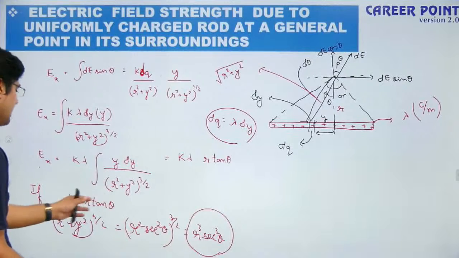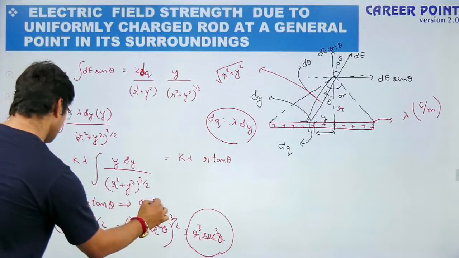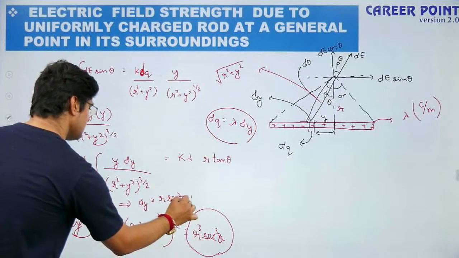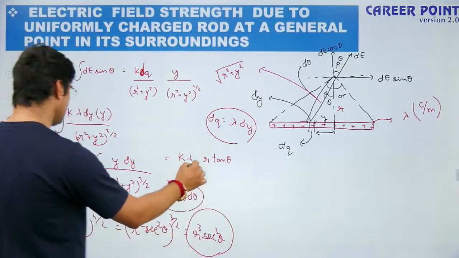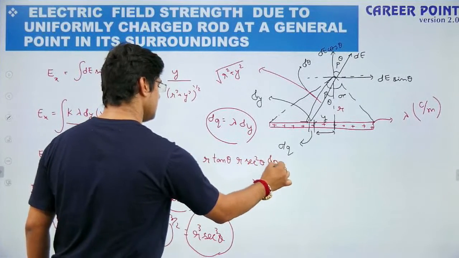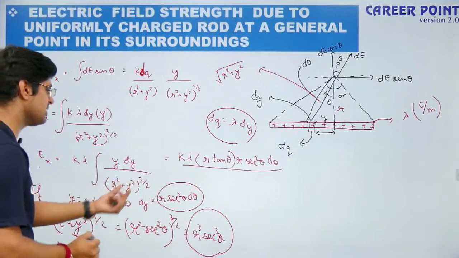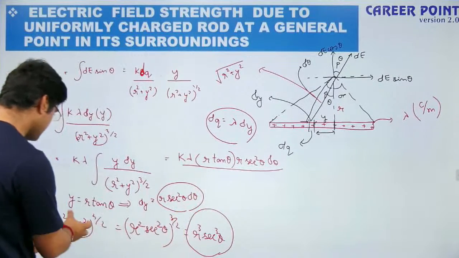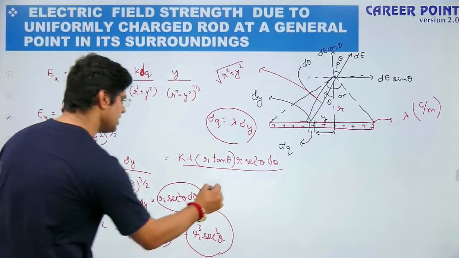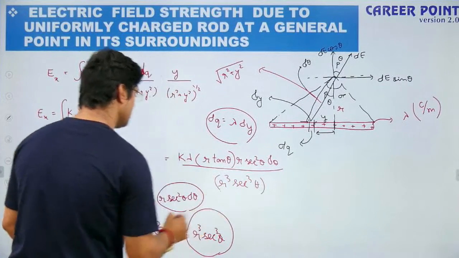If y is r tan theta, what will be dy? Dy will be r sec square theta d theta, so that is what I am writing in place of dy, divided by r cube sec cube theta.